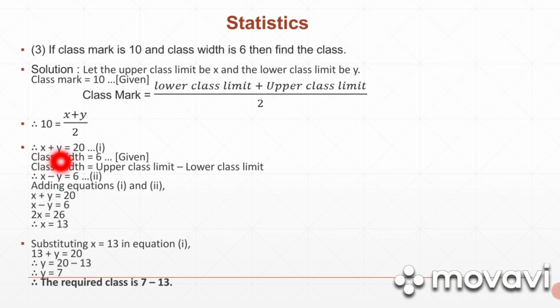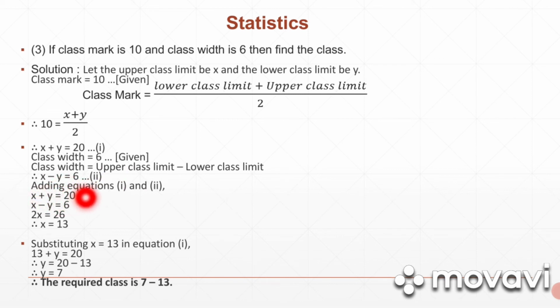Therefore, x plus y is equal to 20. Let this be equation 1. Class width is equal to 6, that is given. Therefore, class width is equal to upper class limit minus lower class limit. Therefore, x minus y is equal to 6, which is equation 2.